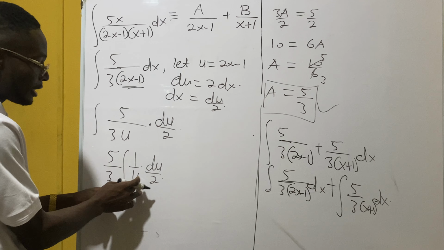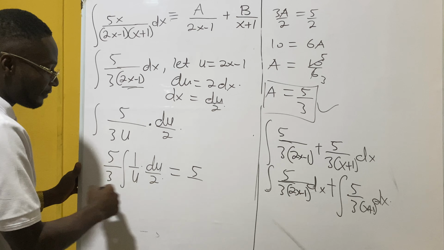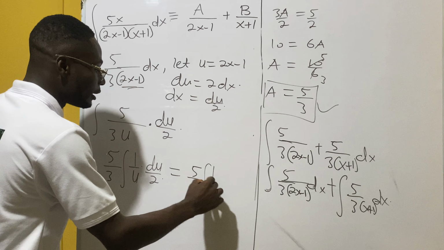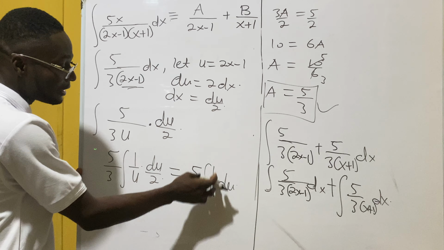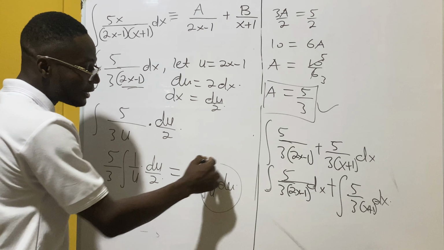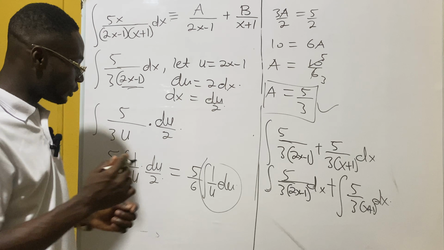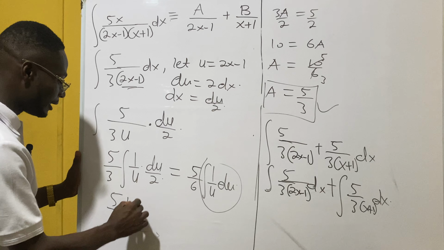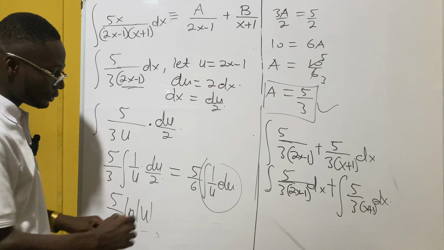When you bring the half out, it's going to be 5 on 6 integral of 1 on u du. The integral of 1 on u du is basically ln u, so we have 5 on 6 ln u.